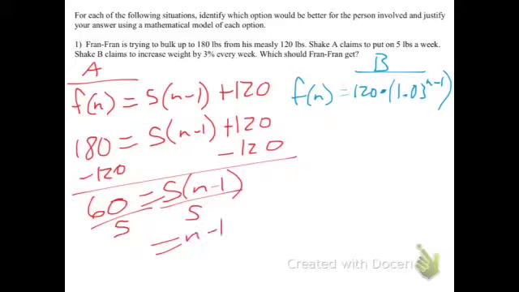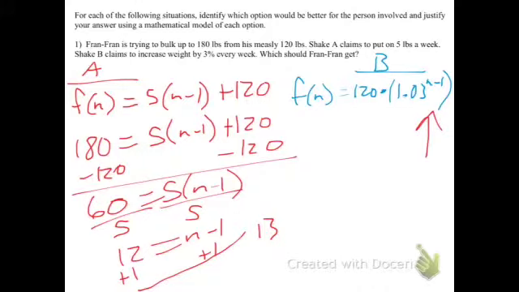N minus 1 is going to be 12, and then add the 1, and that means that the 13th term of the sequence is going to be when he's reached it with plan A, so that's 13.